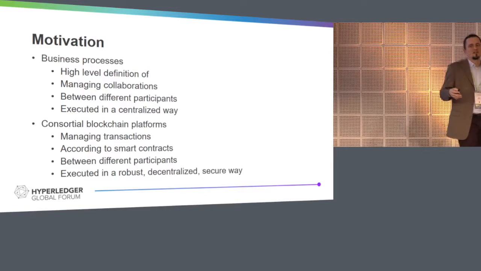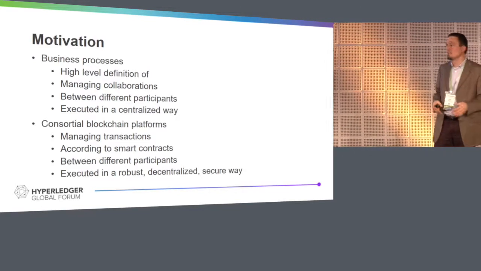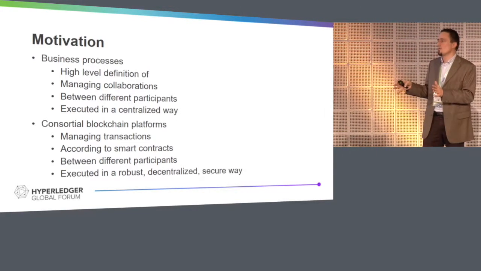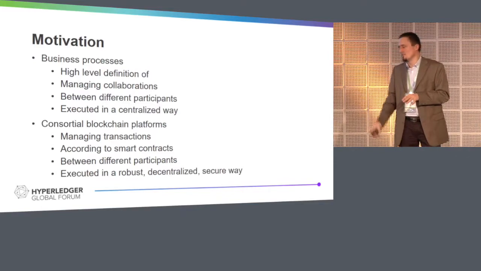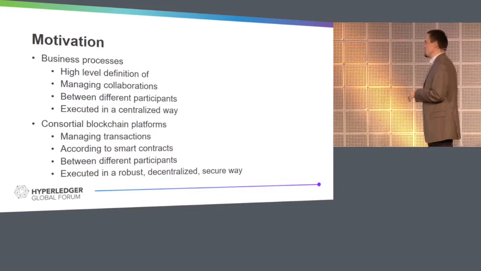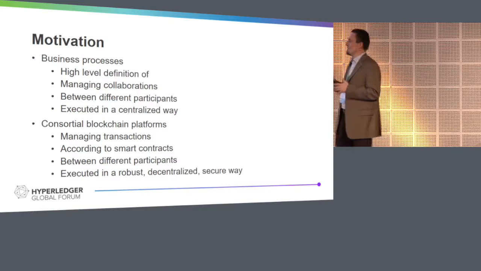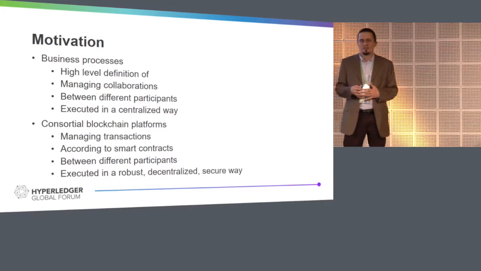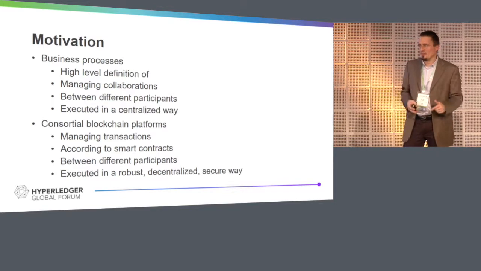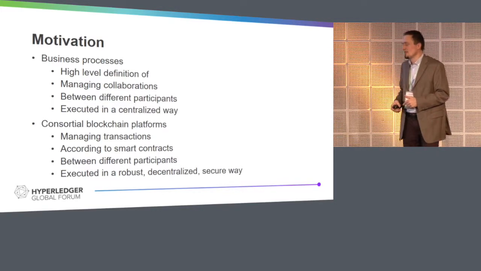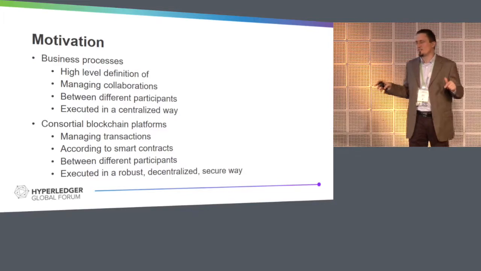So if we collaborate, doing, let's say, incident management software together, then one of the partners will host the software and execute the things. But still, there will be a central entity executing all the steps. Whereas in the case of consortial blockchain platforms, we can talk about transactions which are executed according to a smart contract definition, again between or among different participants, but here executed in a decentralized way.